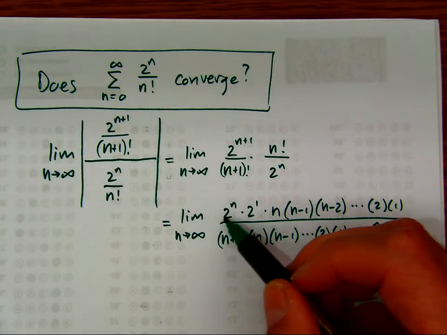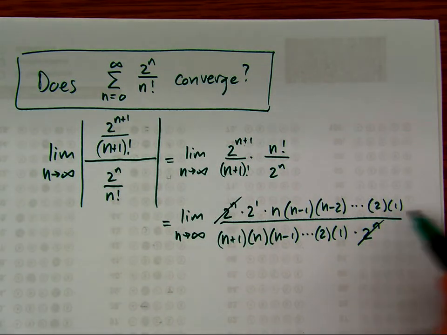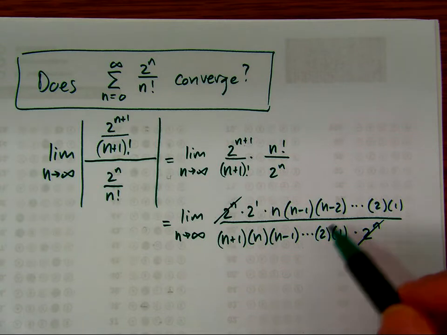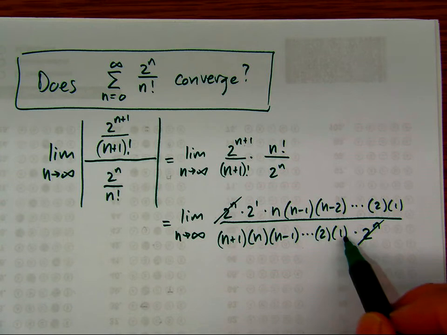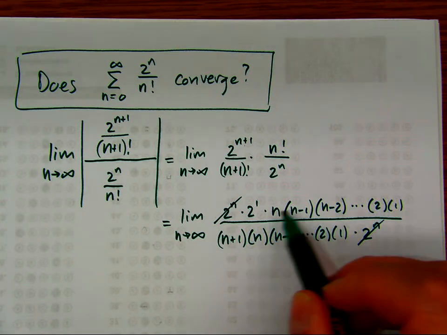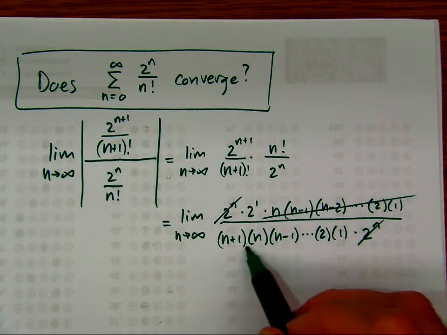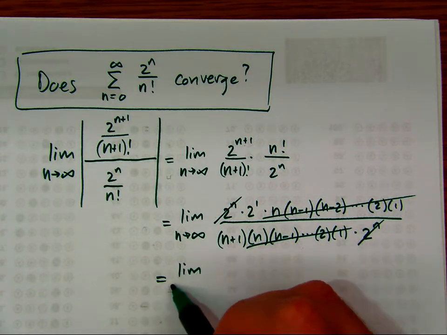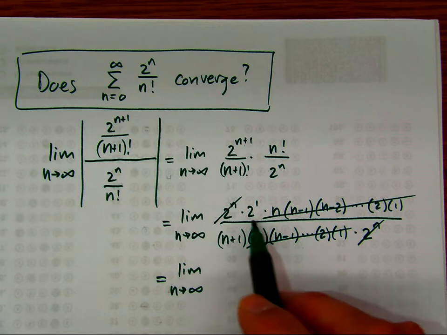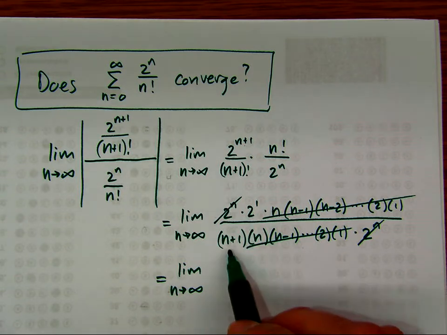We have 2 to the n divided by 2 to the n is 1. We have n factorial, n factorial. So all of this cancels all of this. And that's going to leave us with a 2 over n plus 1.